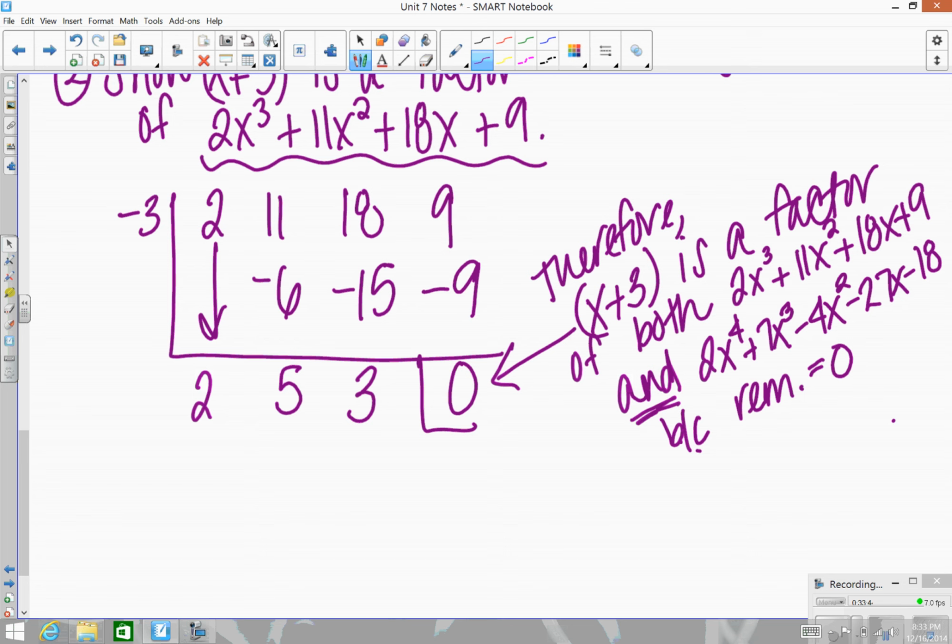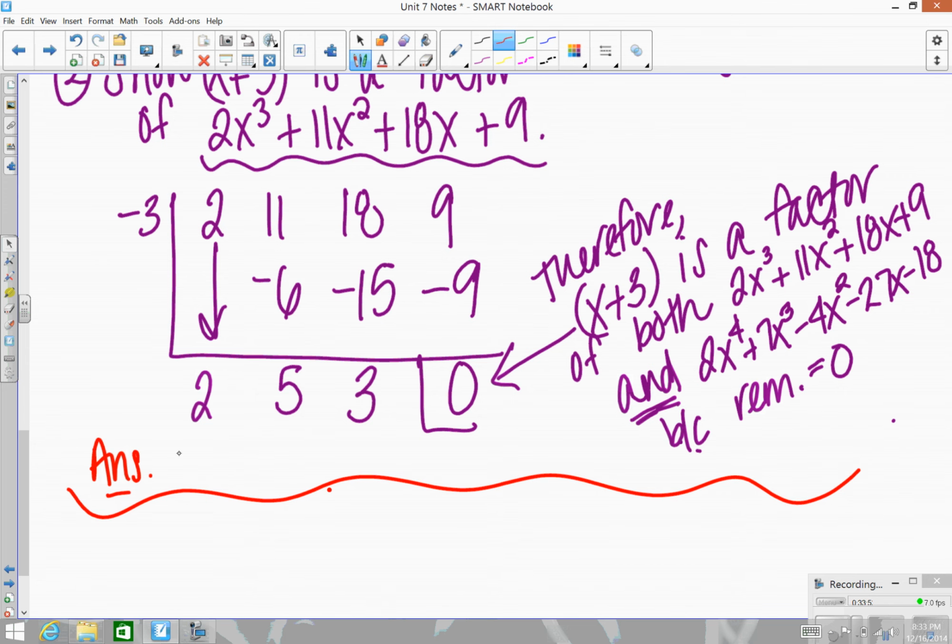So the last thing I want to show you is that I could take this original. Since my answer here was 2x squared plus 5x plus 3, when I divided the degree 3 by a linear term, I got out a degree 2.